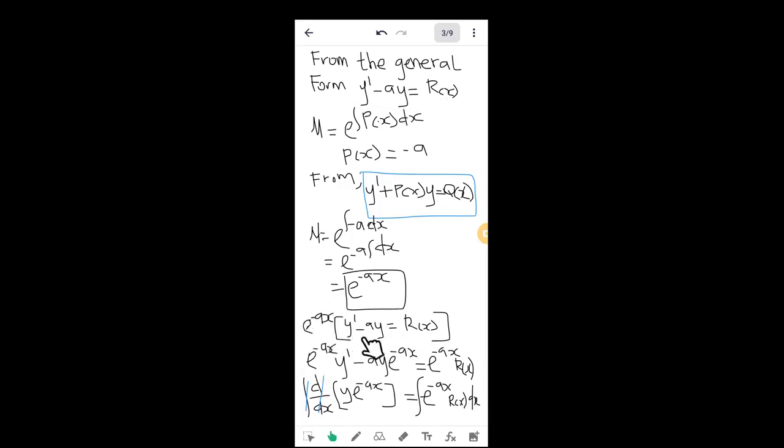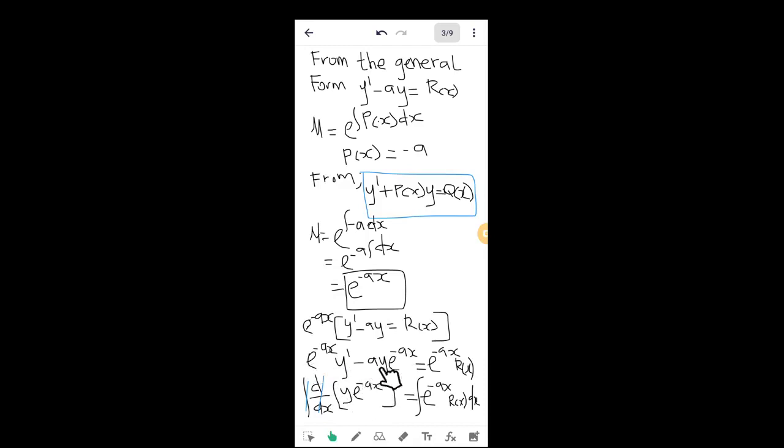Upon doing that, e to the power minus ax multiplies y prime, and this multiplies this. You get e to the power minus ax, and you use it to multiply r of x, so you get this. Then we can say the left hand side is a product. It was y multiplying e to the power minus ax.